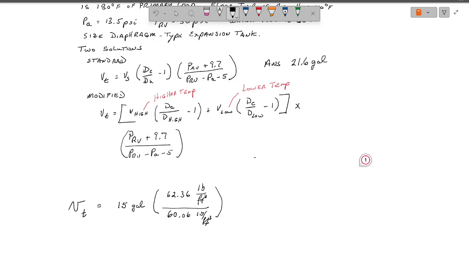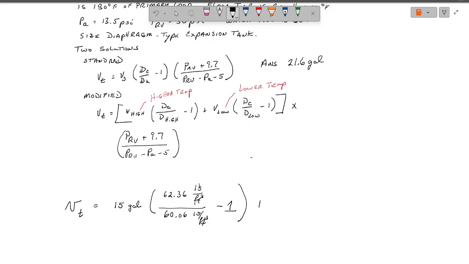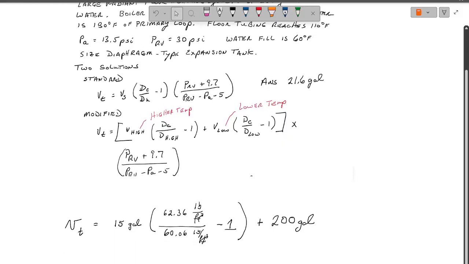And then, we got to minus all that by 1. And we're going to add the volume of the low, which is 200 gallons. Right, that's what that was. 200 gallons of water in a radiant floor system, yep.